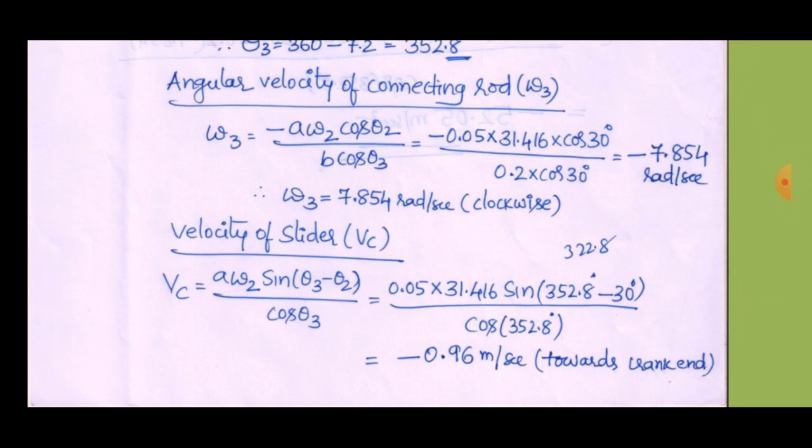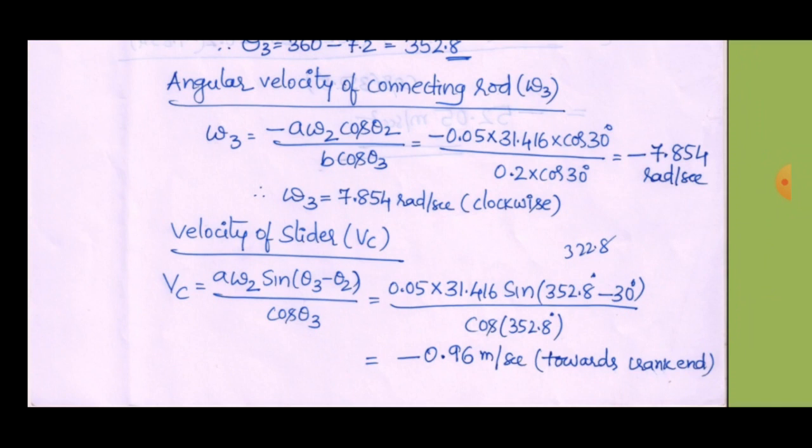This negative sign indicates that the slider is moving towards the crank end with a velocity of 0.96 meters per second. So if minus is coming, it means the velocity of the slider or the piston is towards the crank end. Suppose if it is plus, then you must write in the bracket, away from the crank end.